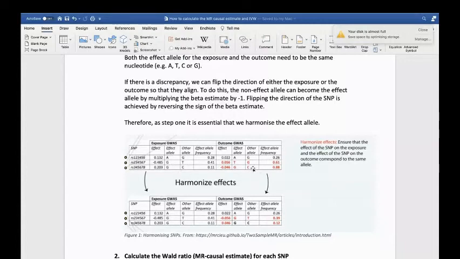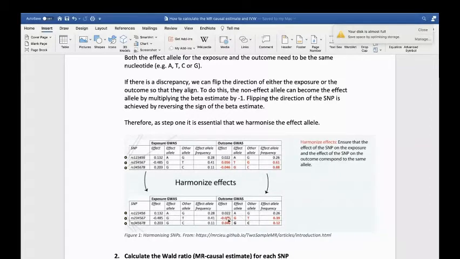Okay, but actually you can see here when they look at the outcome data from the genome-wide association study, you see that there's different effect alleles. It's actually the effect allele here is T, the effect allele here is G. Okay, but we can reverse these directions by multiplying the effect estimate by -1.